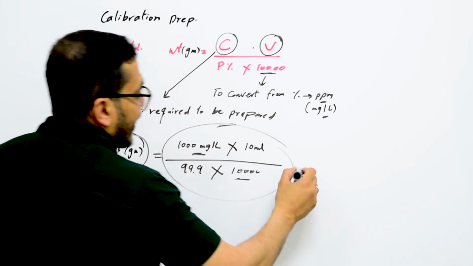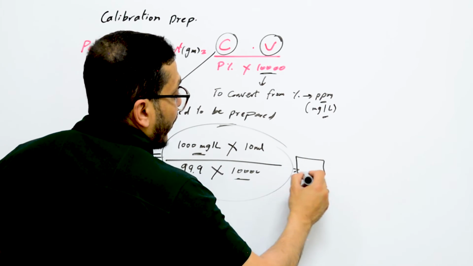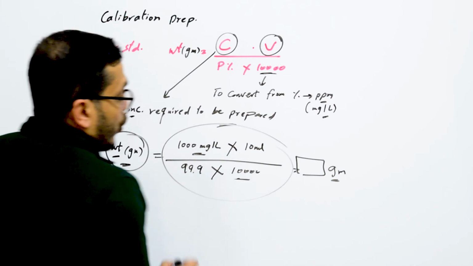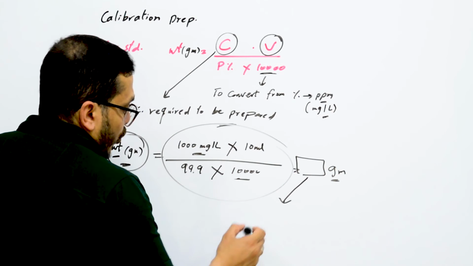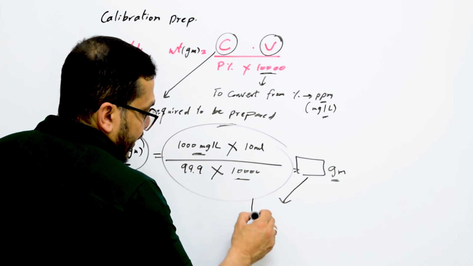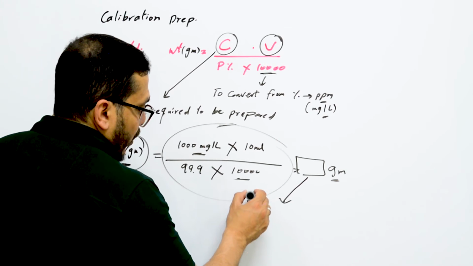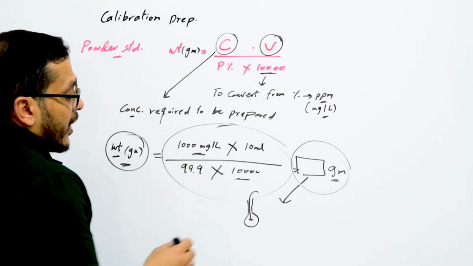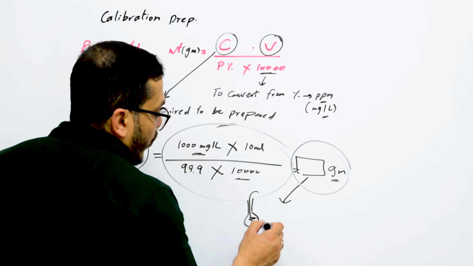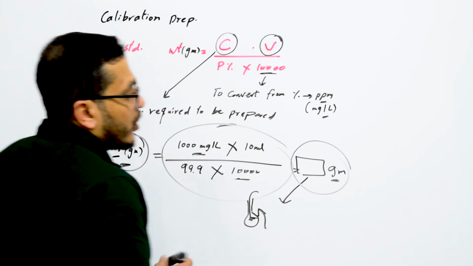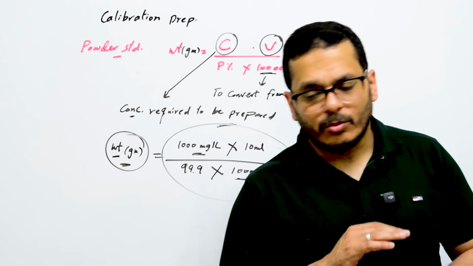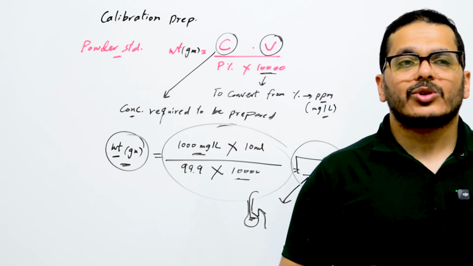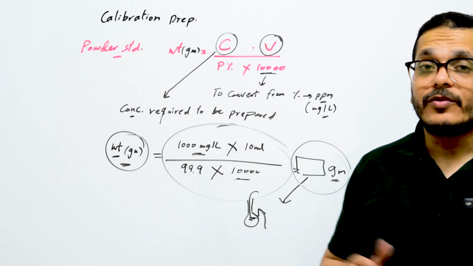So you will get a specific weight in gram. You will add this weight that you got to the 10 ml flask, and complete with the suitable solvent. And as I said, the suitable solvent is very important. You should study this before preparation of these standards.